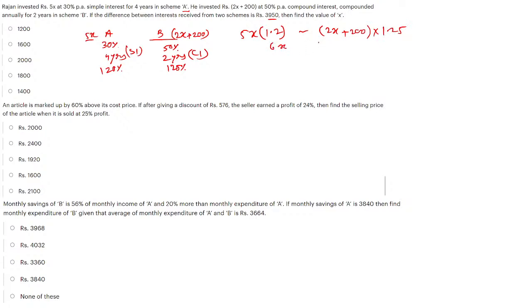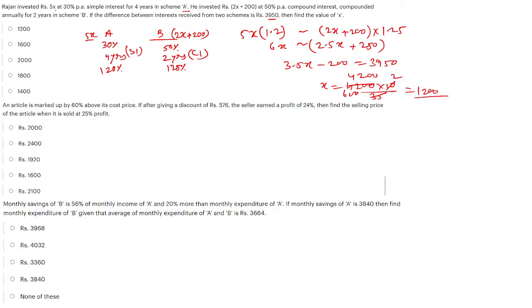This is 6x and this is 2.5x, and this is 200, so 250 here. So 3.5x minus 200 is equal to 3950. So 4200. So x equals 4200 multiplied by 10 by 35. This is 600 and this is 2. That means 1200. So this is the answer.